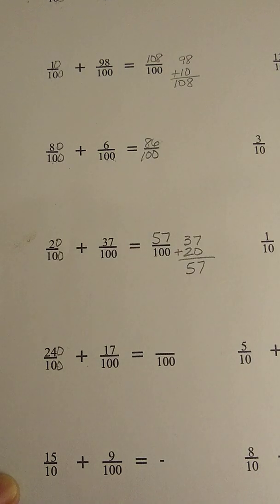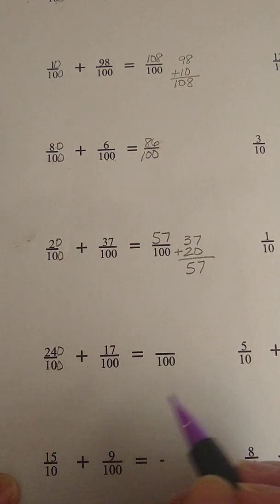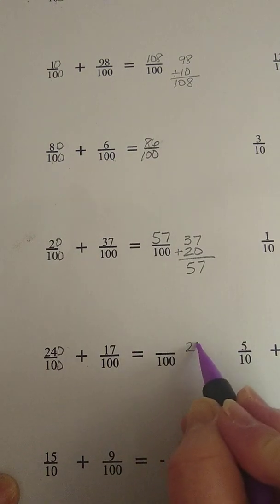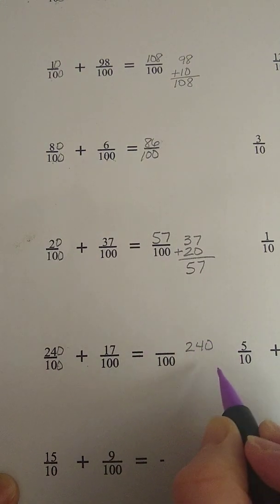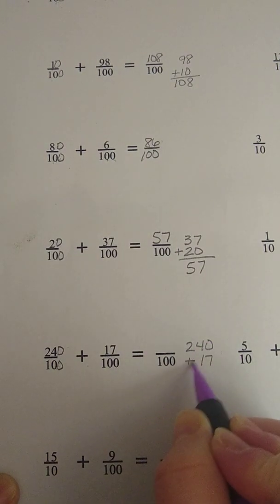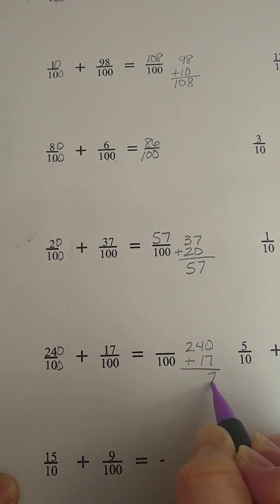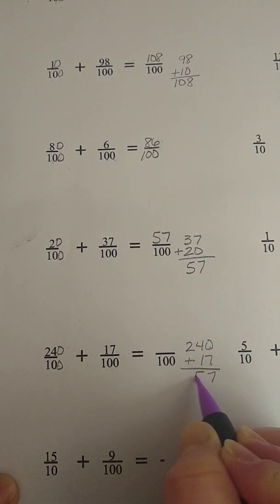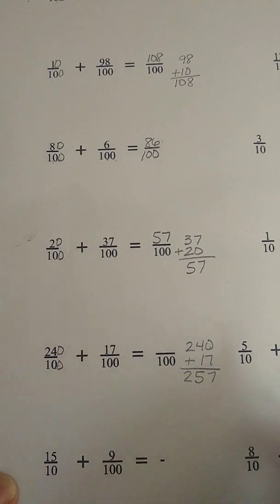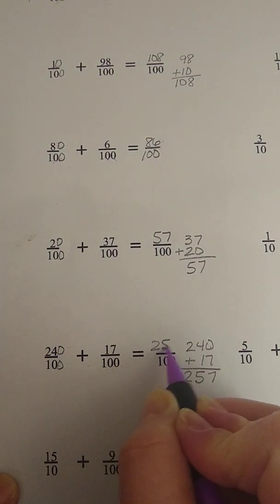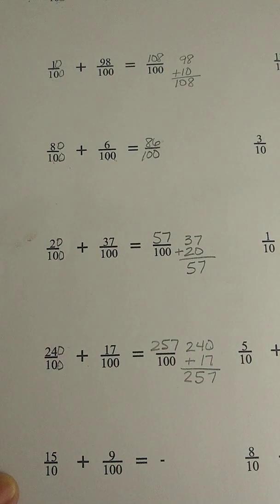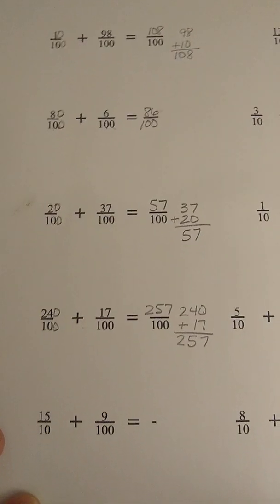So that's how we do those times 10. So stack if you need to, 240 plus 17. 7 plus 0 is 7. 4 plus 1, 5. 2 plus 0 is 2. 257 over 100, or 257 hundredths.